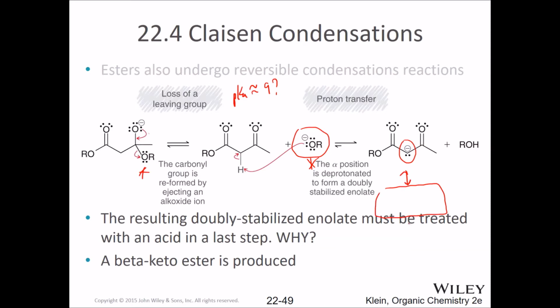There's actually a couple, right? I don't know how many there are. Draw the resonance structures of those. The resulting doubly stabilized enolate. Now we have another enolate, right? It must be treated with an acid in the last step. It has to be treated with an acid in the last step.